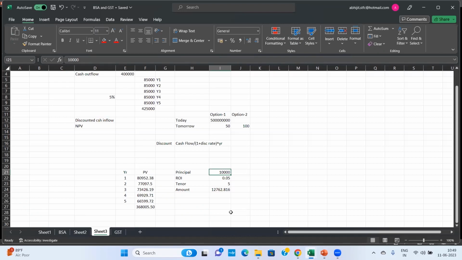So discounted cash flow means in a project, you have estimated there will be cash flow of 85,000 in the year 1, year 2, year 3, year 4, year 5. So it might not be equal. It could be 85,000 in some year. It could be 90,000 in some year. This is just an example. Now, what is my net present value from the project?